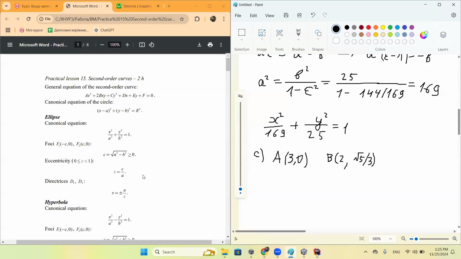So what do we basically need to find? The center. So the center is at the beginning of coordinates. So we need to find A and B. How to find?